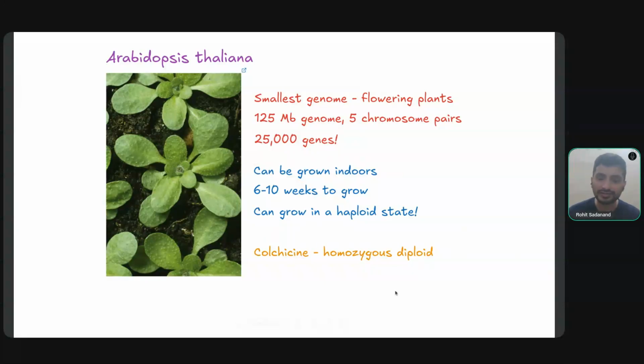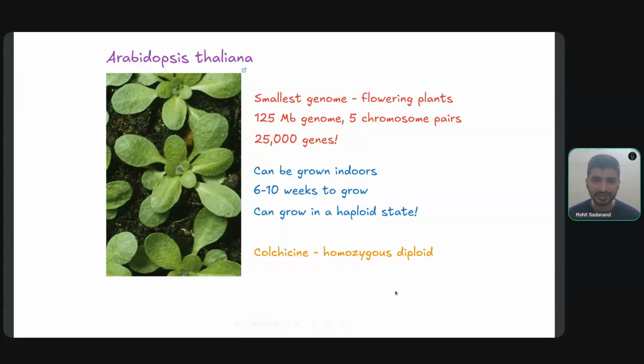Like even in this video, we had seen Paris japonica having almost 150 GB of DNA, and that makes them really difficult to study because we don't know what all these genes do.